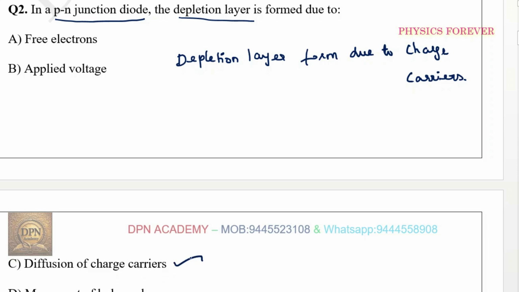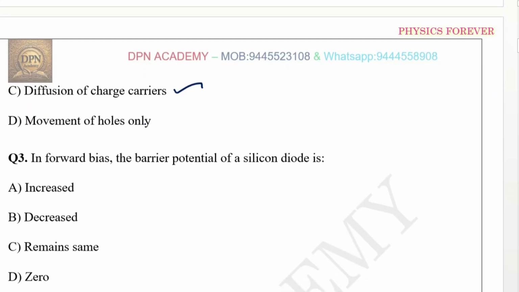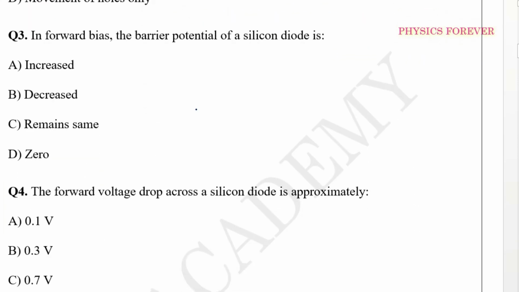Electrons and holes move across the junction, and only then is the depletion layer formed, okay? In a PN junction, the depletion layer is formed due to the diffusion of charge carriers. It is a most important question, so we discussed it and you should follow it.